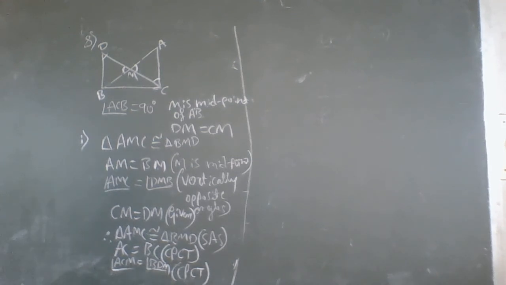This is the first one in the eighth main question, and in the second question we have to prove that angle DBC is a right angle.